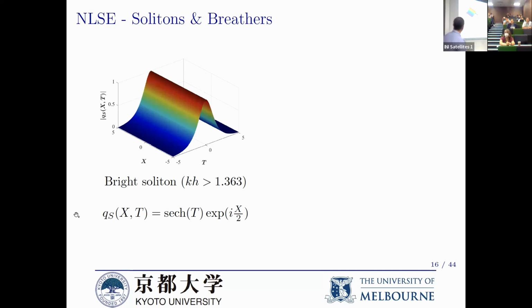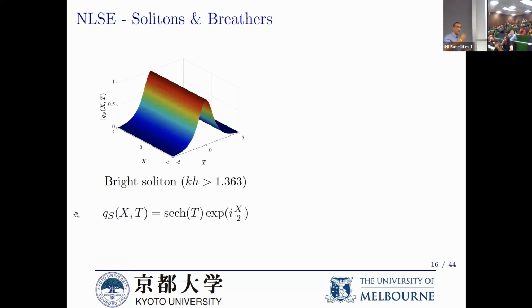And so basically, for the hydrodynamic Schrödinger equation, if the dimensionless depth is above 1.363, we deal with bright structures. This is called the envelope soliton. And in water waves, these are the envelope. So the waves actually lie underneath, right? The carrier wave has much faster oscillations, and this is just the envelope which we don't see.